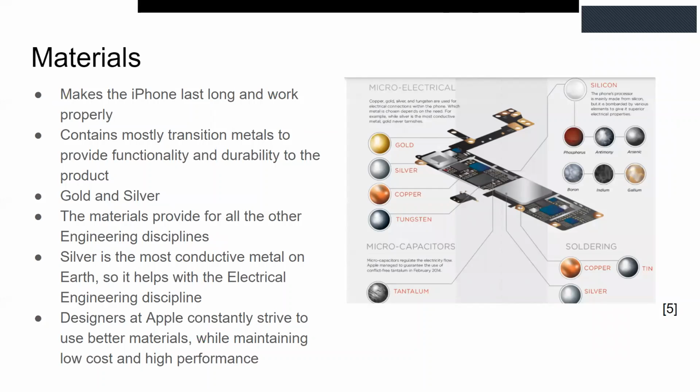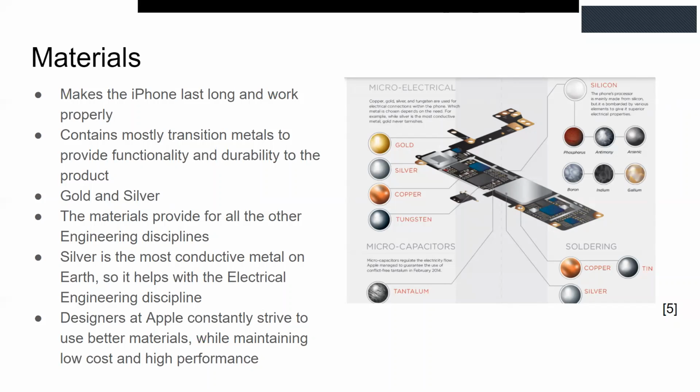So the materials of the iPhone make it possible so that it can last long and work properly, and it contains mostly transition metals found from your periodic table in order to provide functionality and durability to the product. Some examples are gold, which never tarnishes, so that helps with the circuitry of the iPhone, and silver, which is a very conductive metal, which also helps with the circuitry.